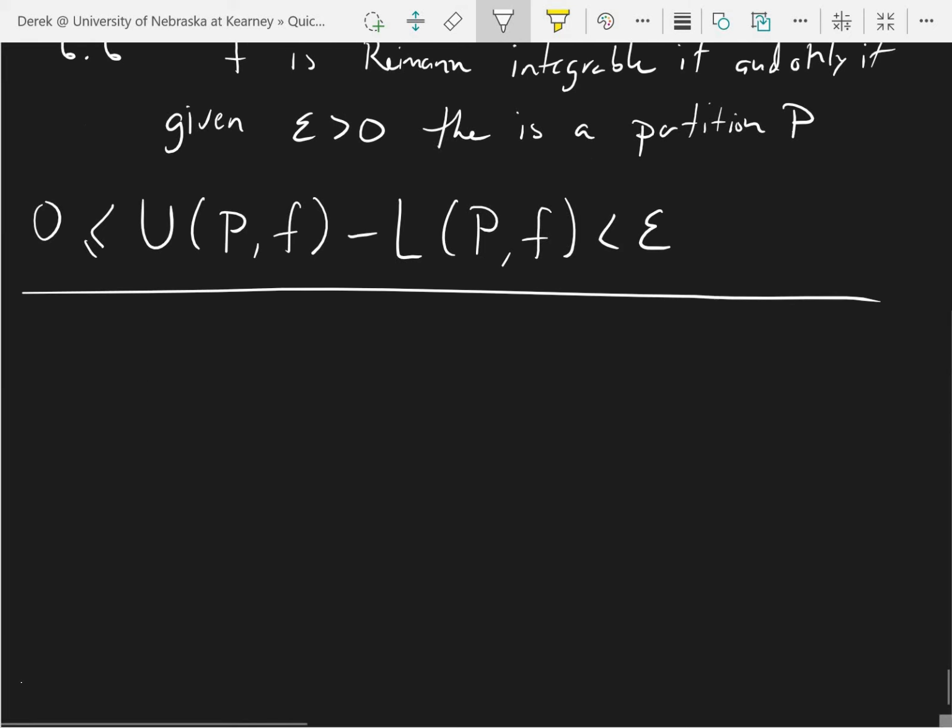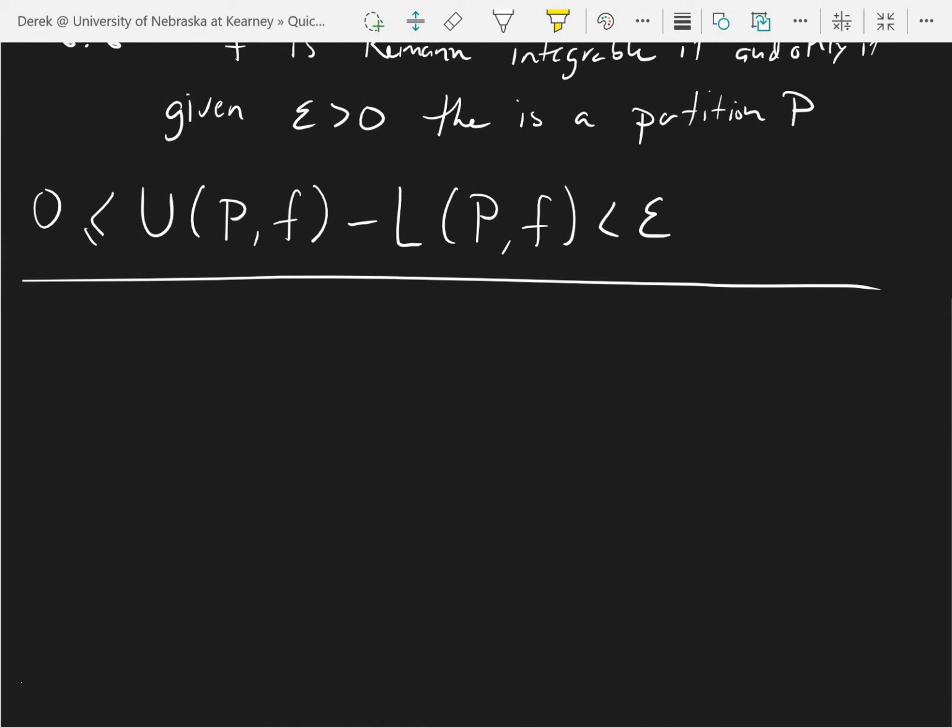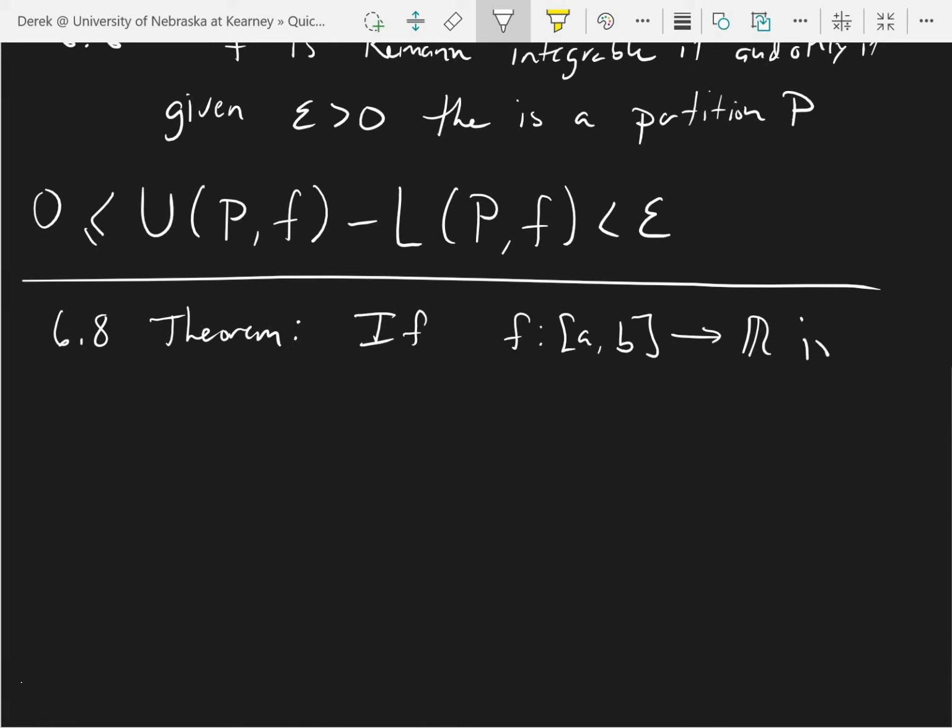Alright, so let's prove a theorem. This is 6.8. If f mapping a to b into R is continuous, then f is integrable.